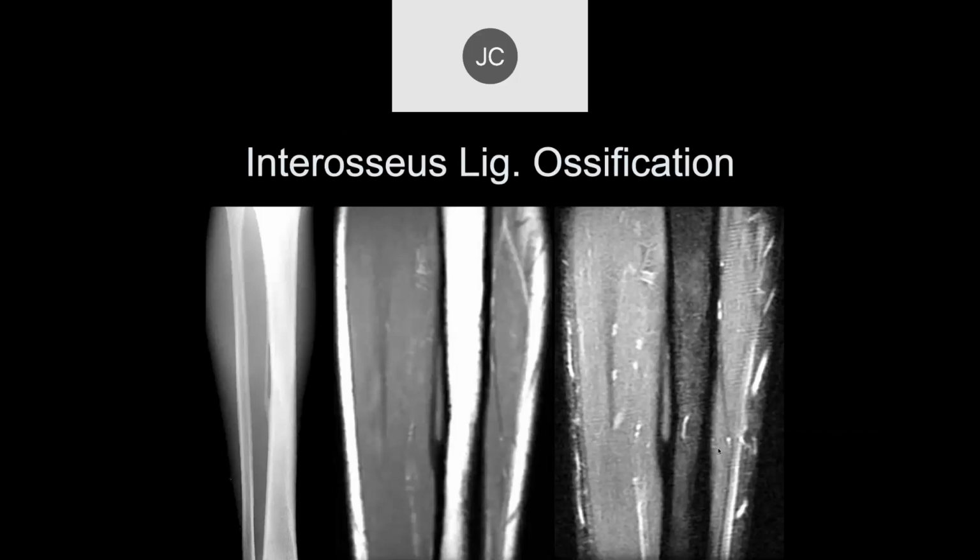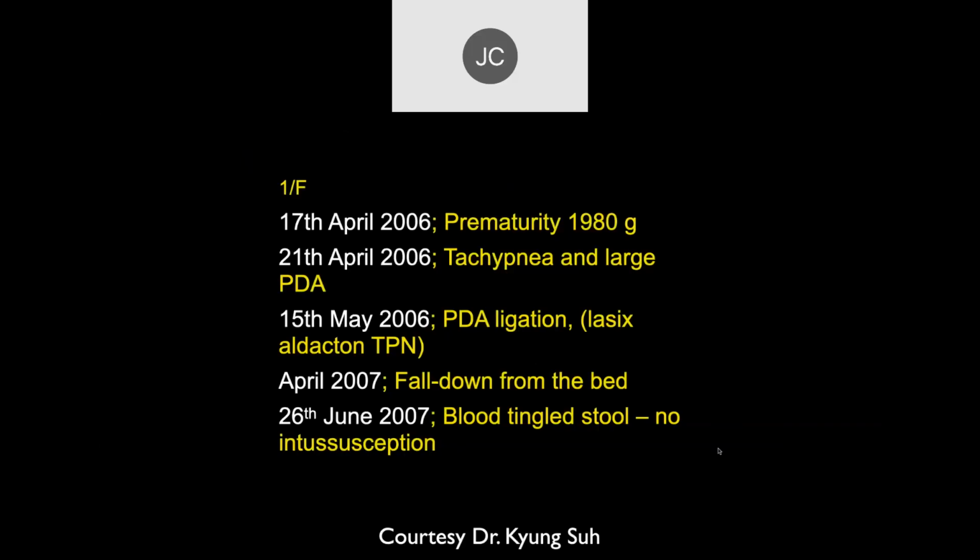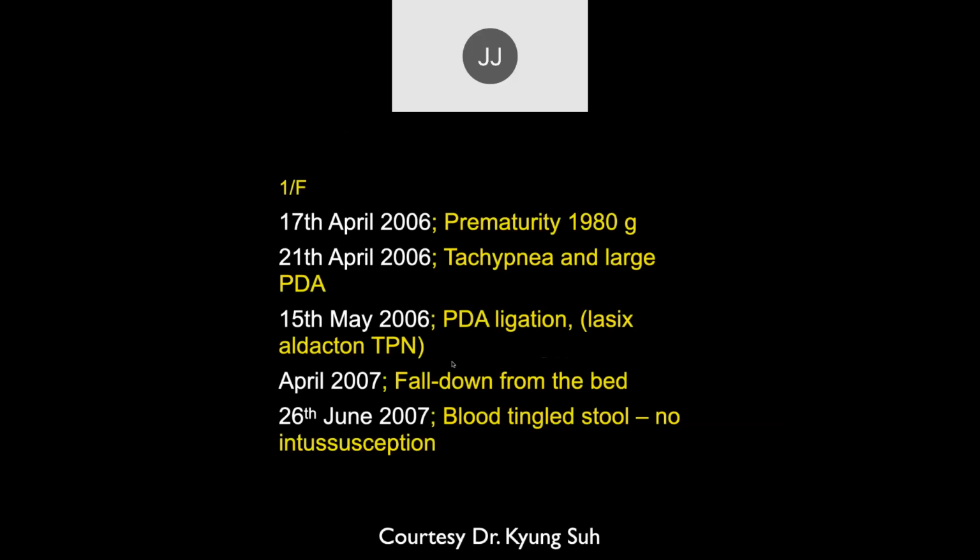Yeah, so this is called interosseous ligament ossification, and it's really ossification of the periosteum, and it's considered normal. Wouldn't that be endosteal, John? Endosteal, I think, would be on the inside, right? No, sorry, this is outside. That's periosteal.